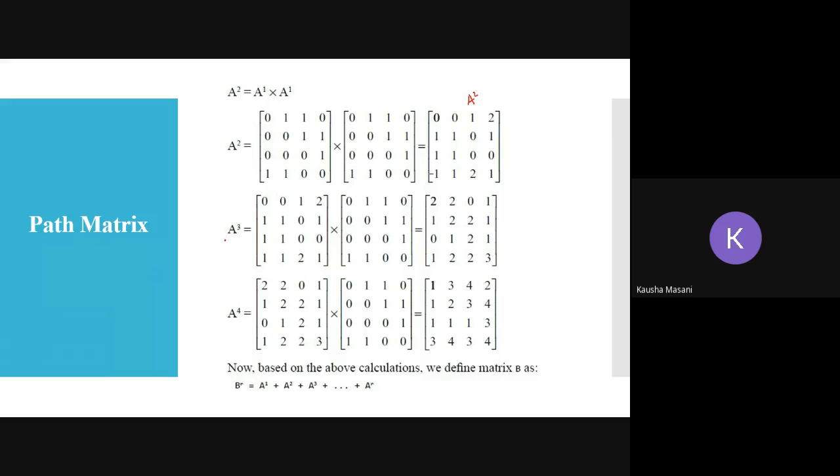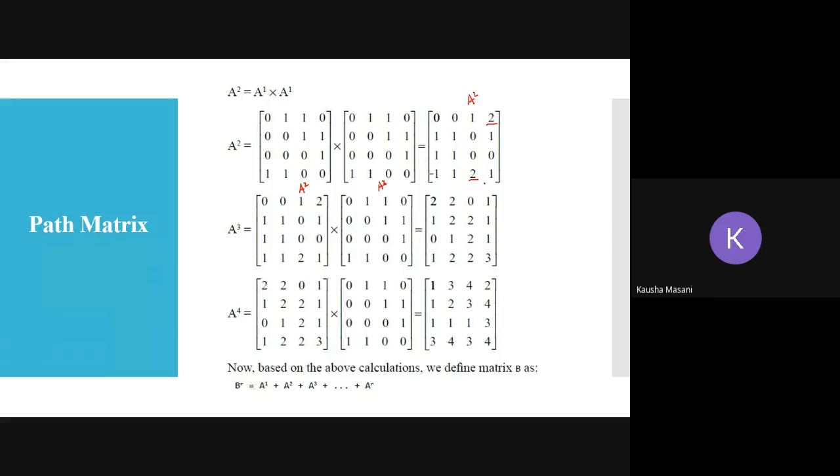Now if you find A of 3, it is A of 2 cross A of 2, so you get a resultant array, which is the value for A of 3. And if you see, the values are changing from zeros and ones. Initially it was zeros and ones only, in A of 1. At A of 2 you get an updated distance, that is 2.